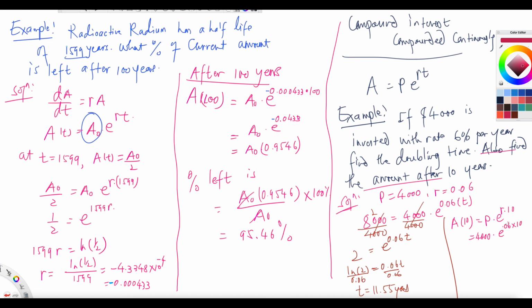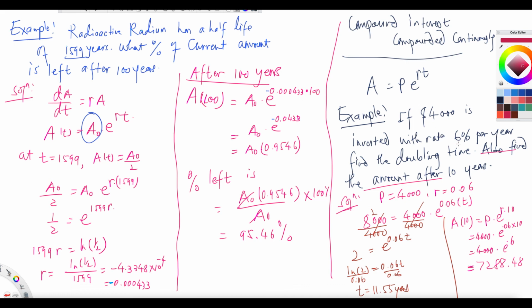So that will be 4000 times e to the 0.6. If you use a calculator, you get 7288. So after 10 years it will be 7288.48. That's the amount after 10 years.